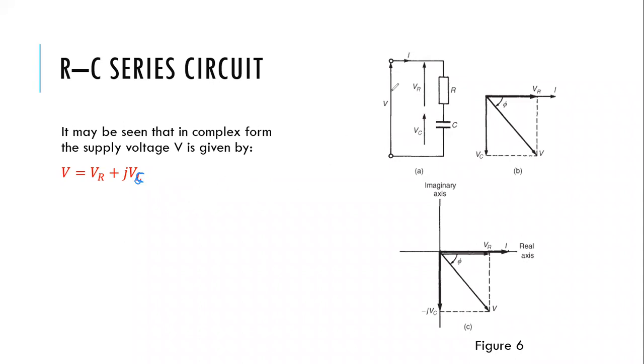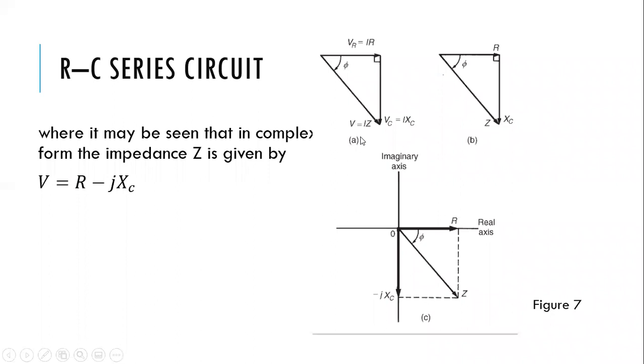Okay, let's move on to the next slide. From this diagram, we may be able to see that the complex form for the impedance Z is given as R minus jXC.